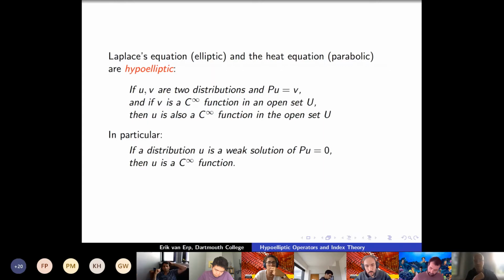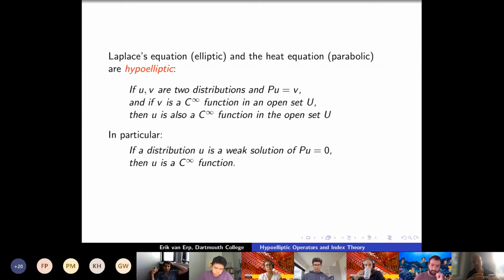Also, you notice for the heat equation, you can start with a temperature distribution that is not even continuous, some strange distribution of heat, and at any positive time, no matter how small, this will immediately smooth out by the diffusion process. And same with the Laplace equation.